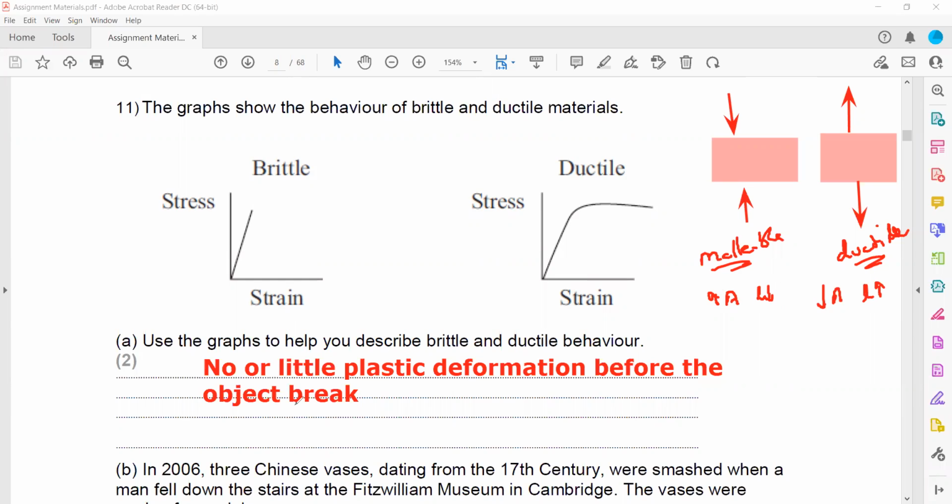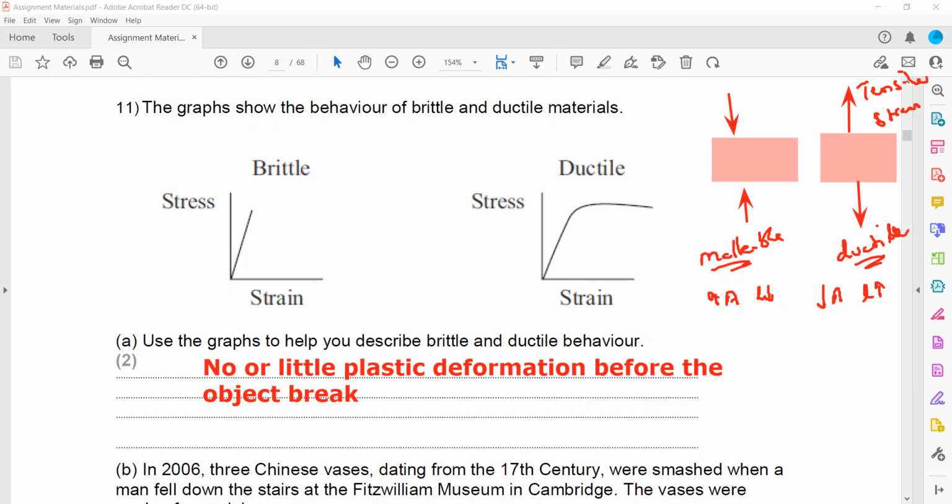So a brittle material will not deform much under compression. And for a ductile material, this graph shows that it can undergo a larger plastic deformation, or more area under the graph. This shows that there's a large plastic deformation under tensile stress. Tensile stress means when we apply a force to increase the size.